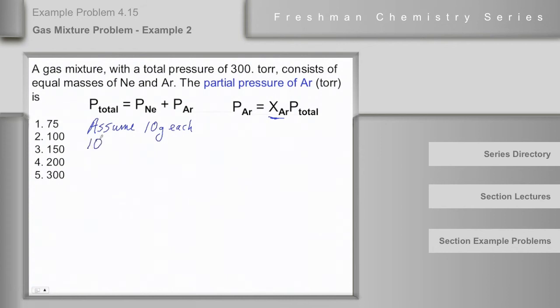10 grams of neon times 1 mole of neon. I'm going to do a mass to mole conversion here. It's 20.2 grams of neon per mole, and that gave me 0.496 moles of neon.